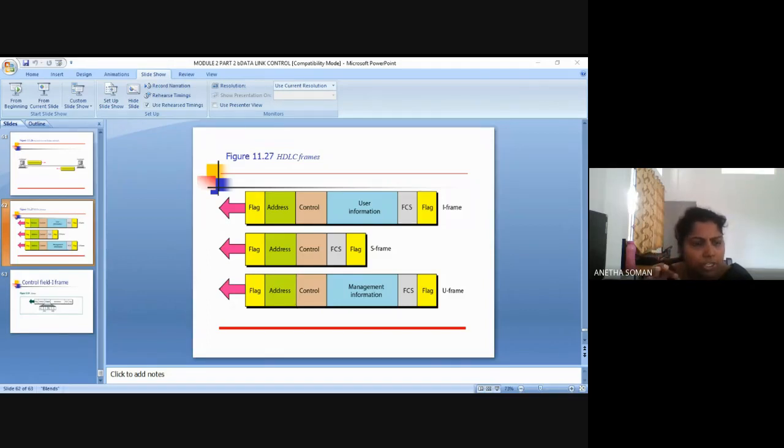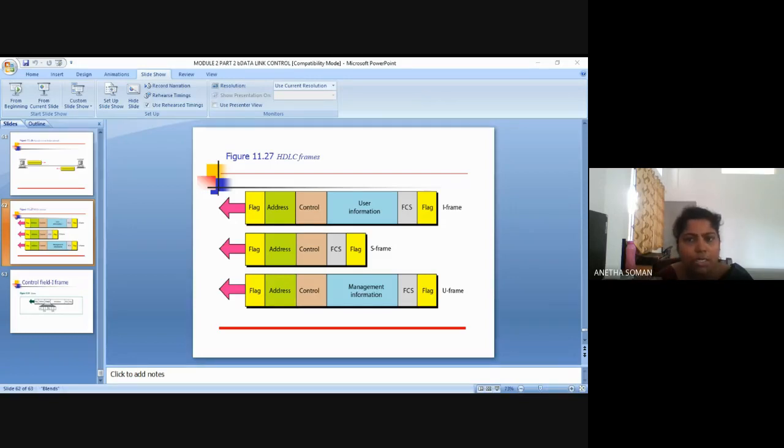I frames, information frames, are used to transport data as well as some control information relating to the user data. S frames are supervisory frames, meant for flow as well as error control.